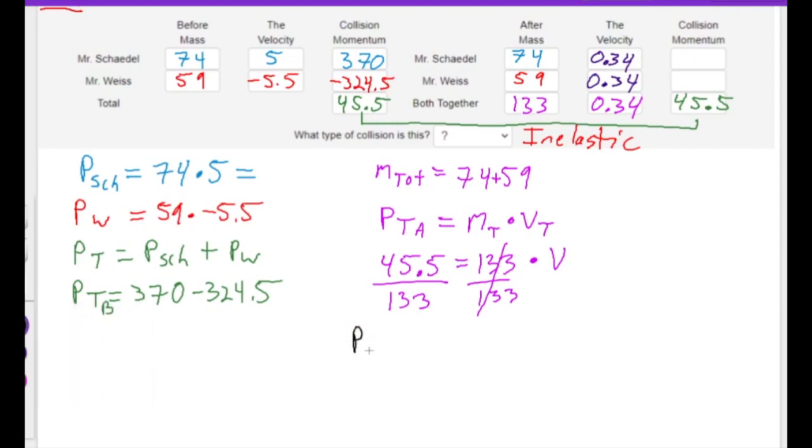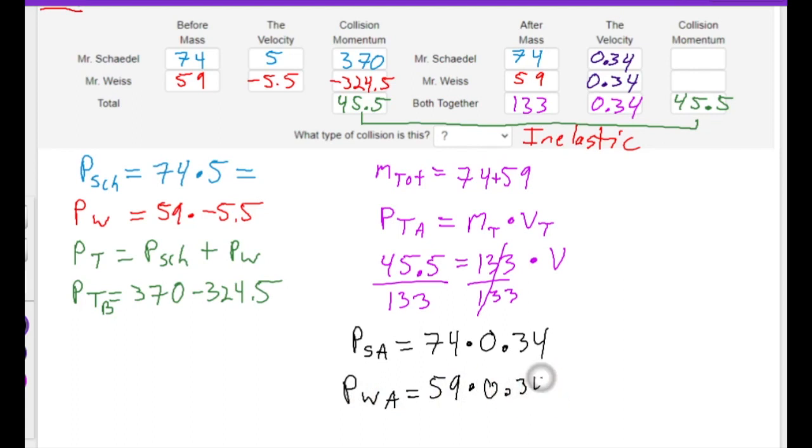So the momentum of Mr. Shadell after the collision is going to be his mass, which is 74, times his velocity, which is 0.34. And the momentum for Mr. Weiss after the collision is going to be his mass, which is 59, times his velocity, which is 0.34.